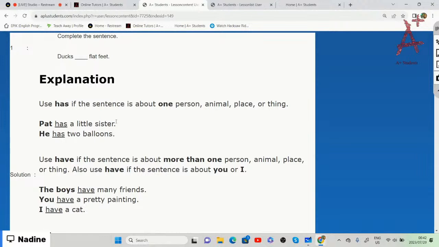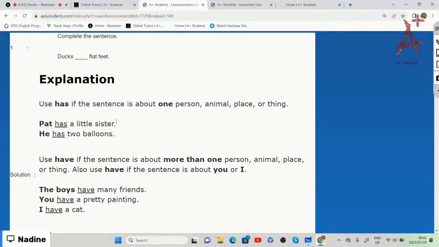All right, so now we use have, HAVE, if the sentence is about more than one person, animal, place, or thing. And remember, we also use have if the sentence is about you or I. And there we have examples.